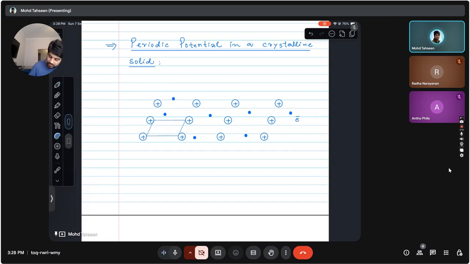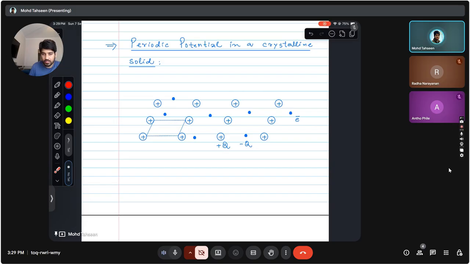And these electrons are charged, right? They are negatively charged. So let me call it minus Q, okay? And these ions are positively charged, right? So there is a potential energy difference in this system. If an electron moves in this direction, it experiences a different potential because of the location of these ions.